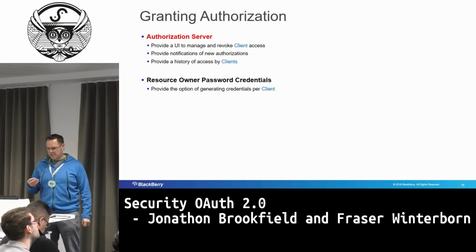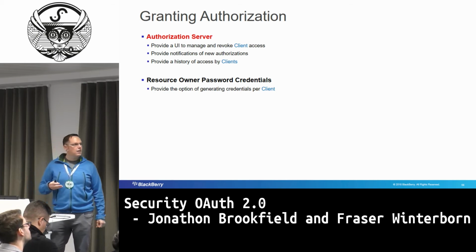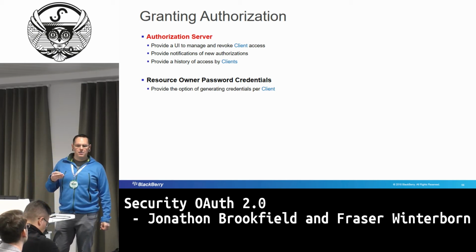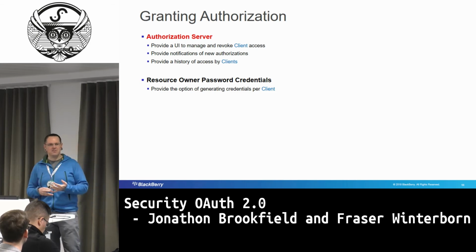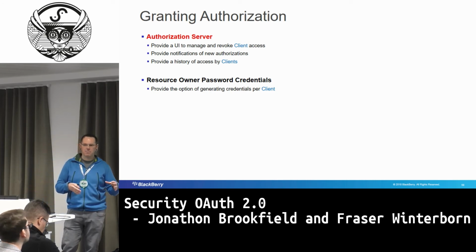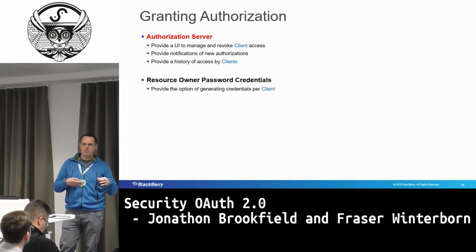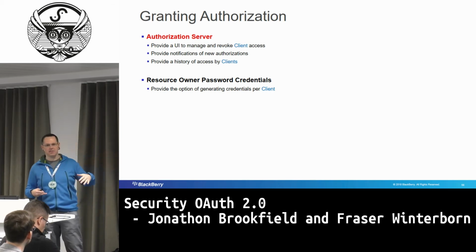In terms of granting authorization, a lot of the granting too much authorization or homograph attacks are actually quite hard to defend against. But probably one of the best ways is, as an authorization server, having a sufficiently comprehensive UI that you as a user can manage which applications or which clients you granted permissions to, which resources have been accessed and things like that.